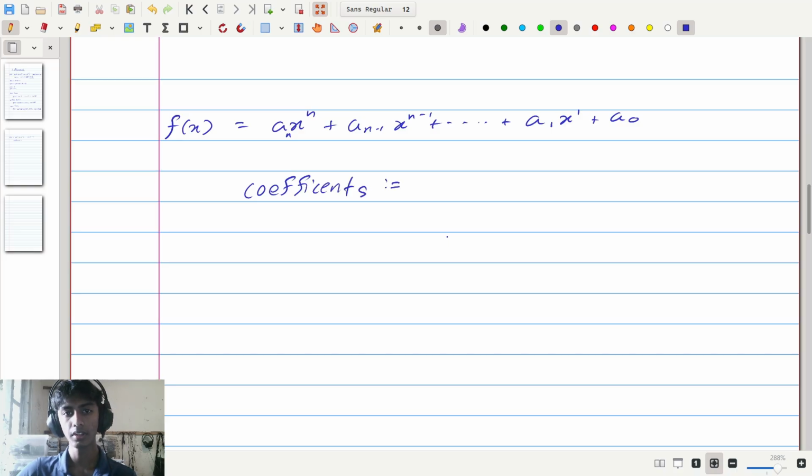These are the coefficients of the polynomial function f(x).